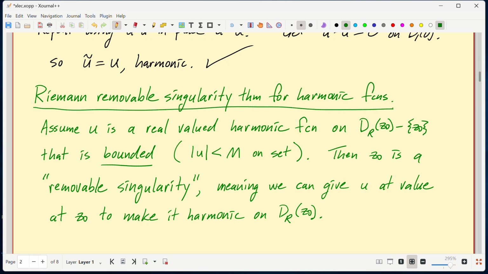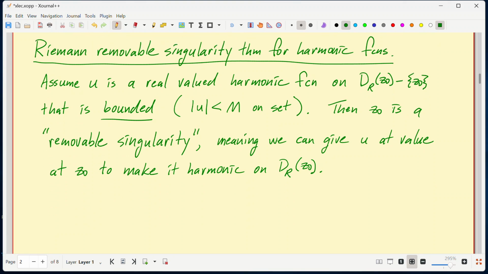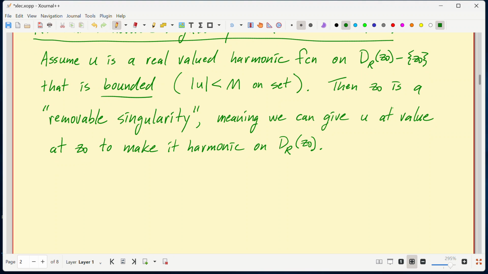And the proof's going to be a very similar thing to the previous thing with a sort of a clever twist to it. I guess before I give you the simple proof, example: we can't reduce this to the old Riemann removable singularity theorem because of the example natural log of mod z.